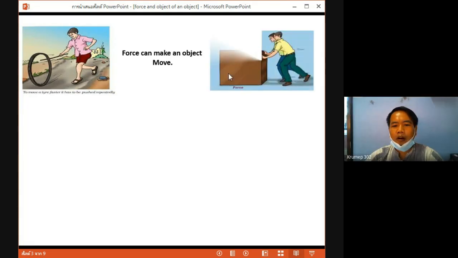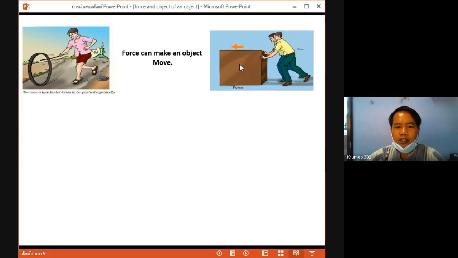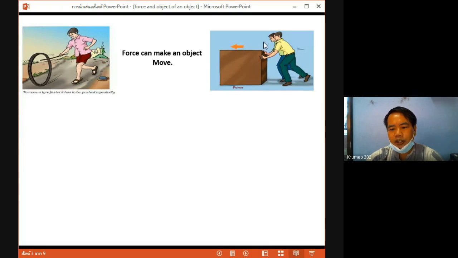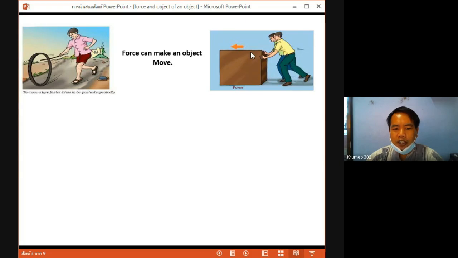We have here also two boys. They are pushing. What is this? Table. Okay, so let's say this is a table. So the two boys are forcing the table to move.